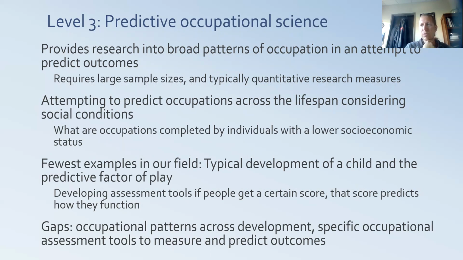Maybe we can use those levels of evidence to build on each other in order to predict perhaps an outcome. So level 3 provides research into broad patterns of occupation, and again, it's an attempt to predict outcomes.